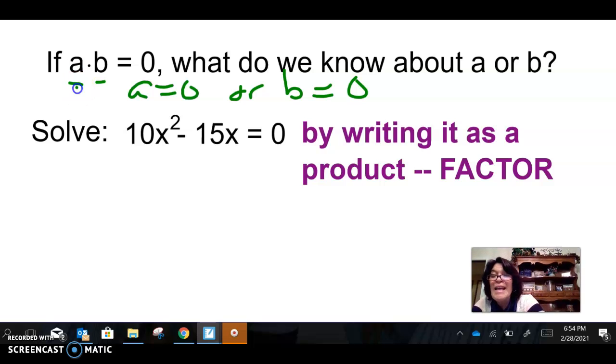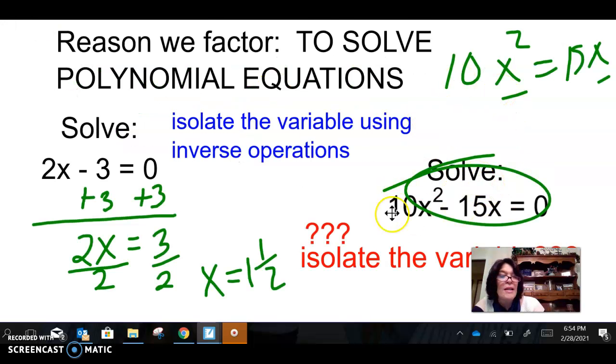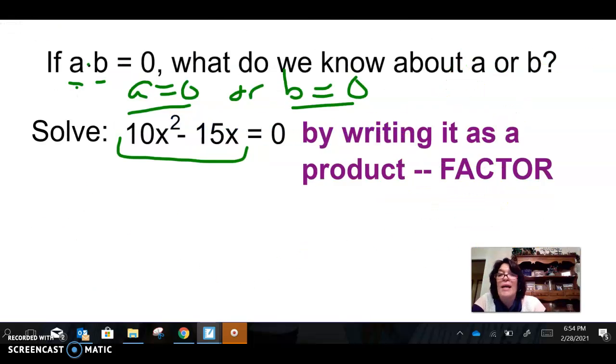So we're going to take the one I was trying to solve over here, 10x squared minus 15x equals 0. I can't solve that. I'm going to factor it, what we just learned. Biggest number that goes into 10 and 15 is 5. The smallest exponent between x squared and x is x. That's what I'm factoring out.